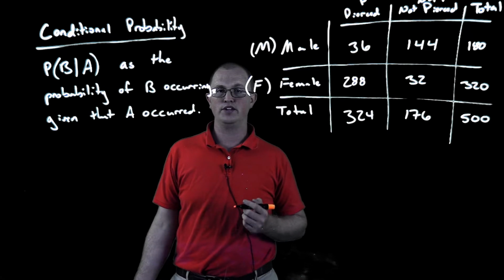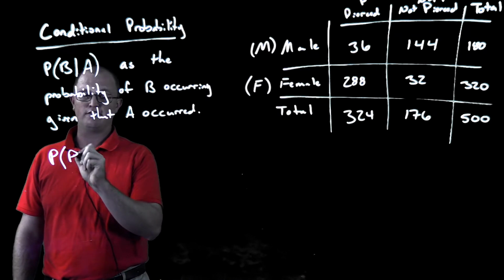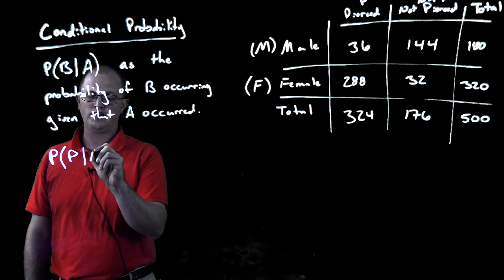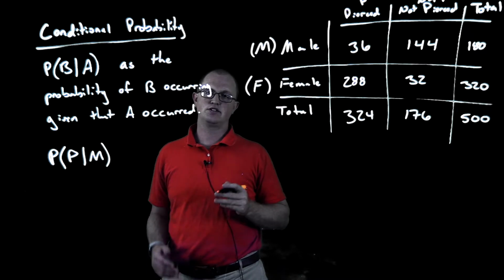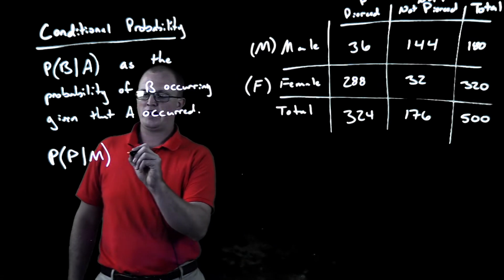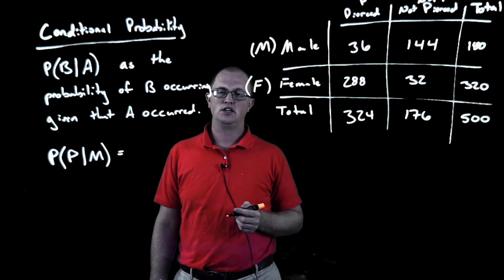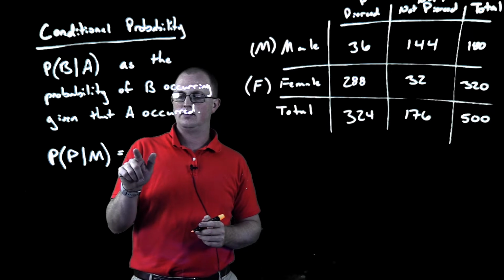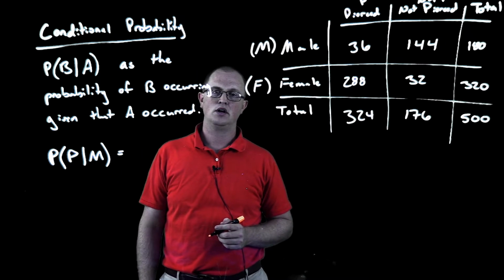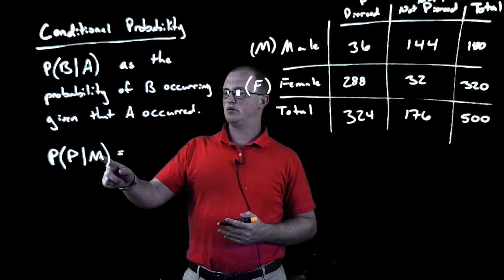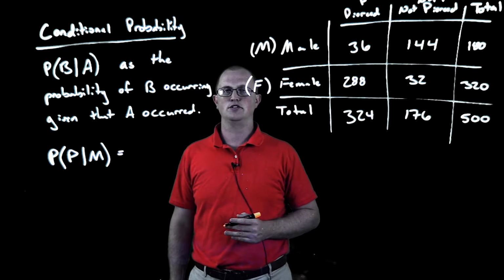So an example of this would be, what is the probability that someone responds that they have pierced ears given that they've identified as male? And so now we want to think about how we would determine this probability off of this chart. So instead of having our probability out of the entire 500, we already know that the people that we're referring to for this event have already identified as male.